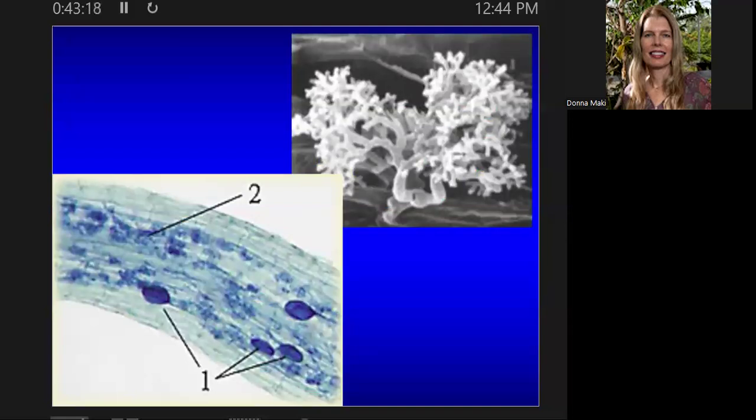Because just because you put the mycorrhizal fungi into the soil near the plant, it's not a guarantee they're going to form a relationship. They have to do a lot of talking to each other and decide, so to speak, that they want to do this. And the way the plant might decide not to do it would be, and I had this problem with one of my earlier grad students.